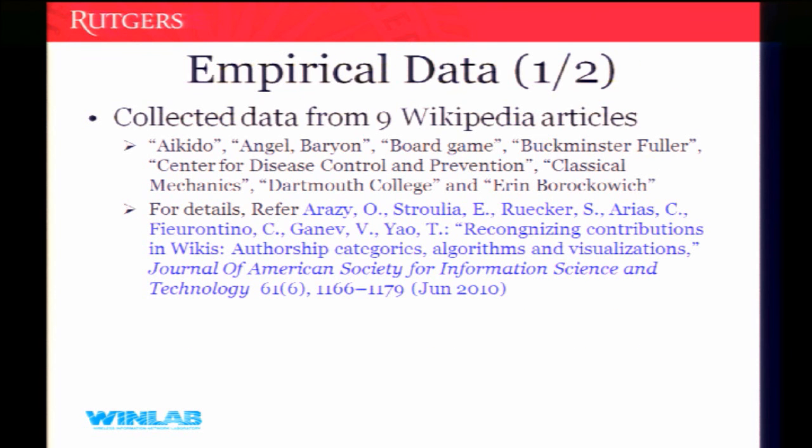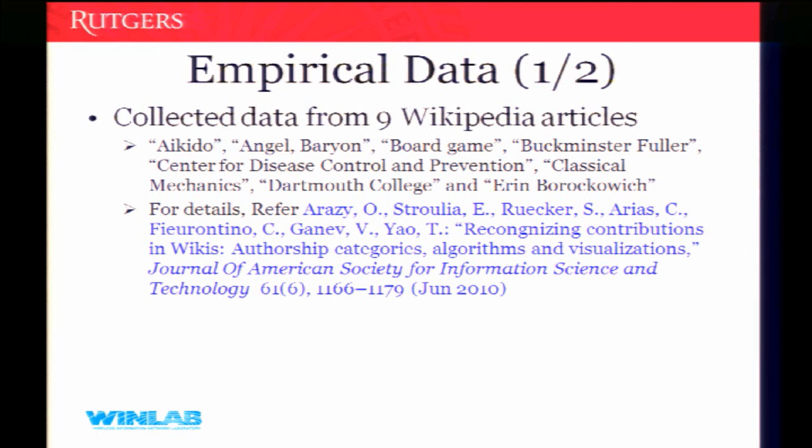So what we do is we want to verify our model against some real data. The details of how we obtained the data are in this, but we picked about 9 wiki pages. These are the titles: Aikido, Angel, Baryon, Board Game, Buckminster Fuller, Center for Disease Control and Prevention, Dartmouth College, Classical Mechanics.